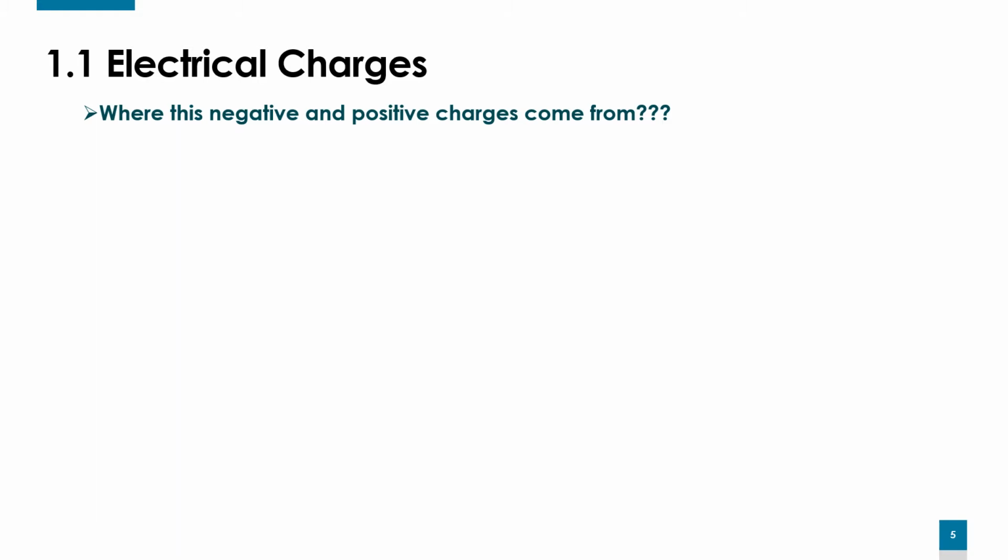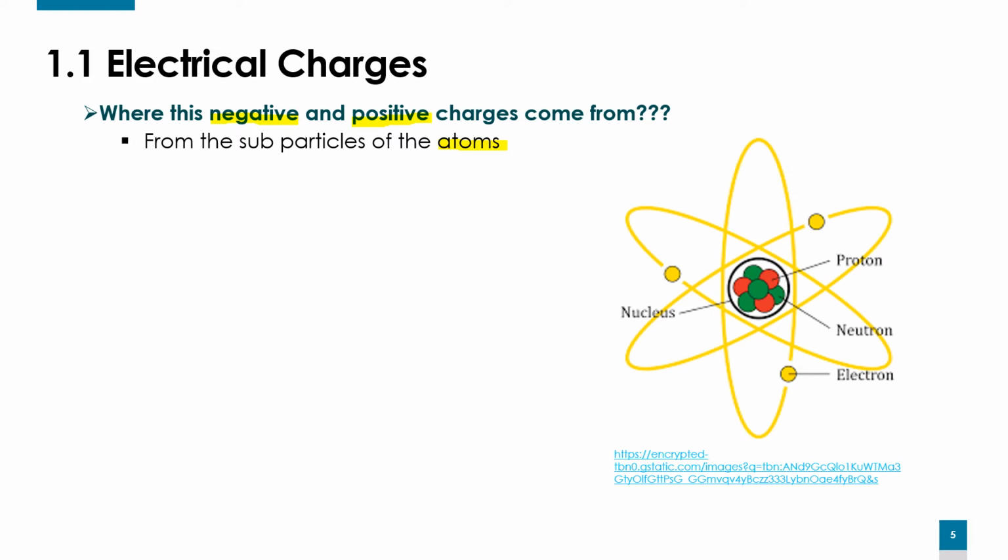So where do this negative and positive charge come from? From the subparticles of the atoms. What are the subparticles of the atom? The proton, neutron, electron. Yeah, so these are the three subparticles of an atom.